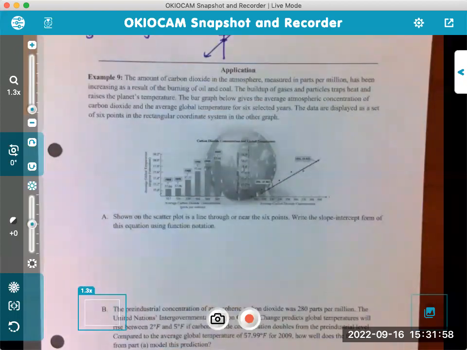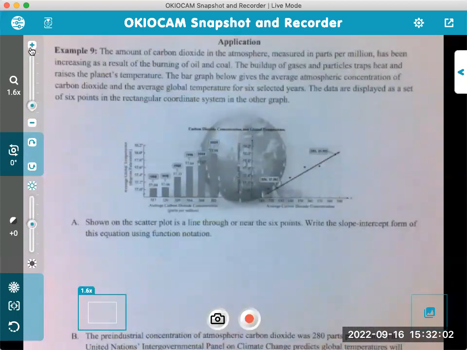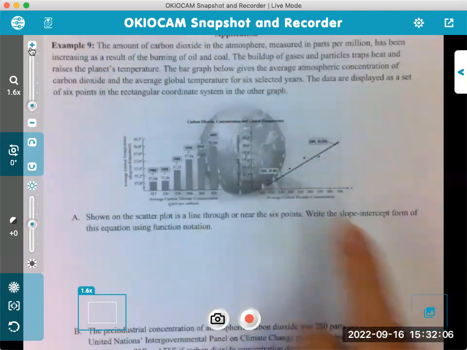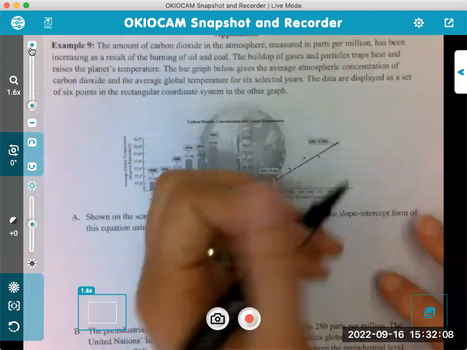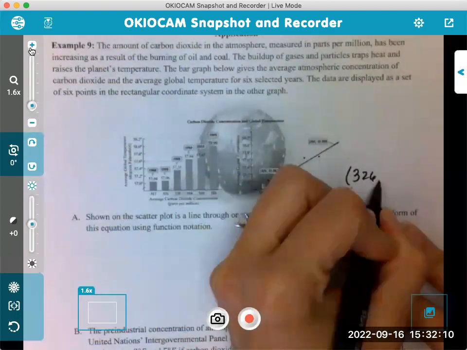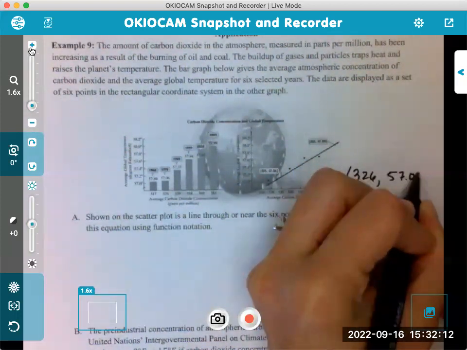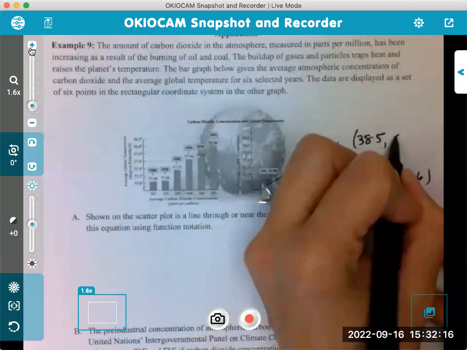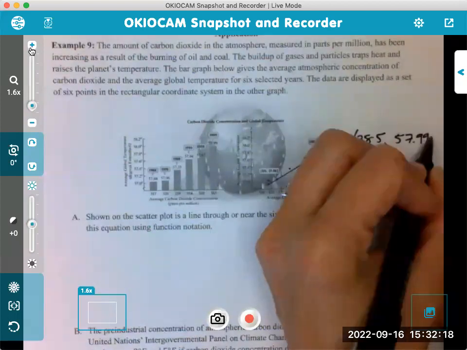So here, let me zoom in a little bit. It's probably pretty hard to see, but the 2 points that are noted right here are (326, 57.06) and (385, 57.99).